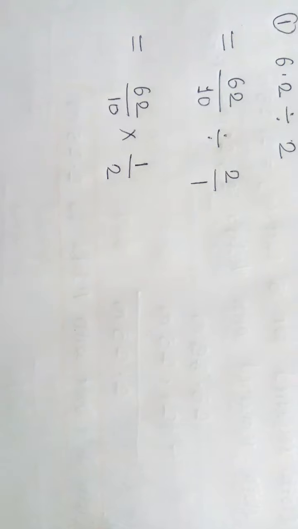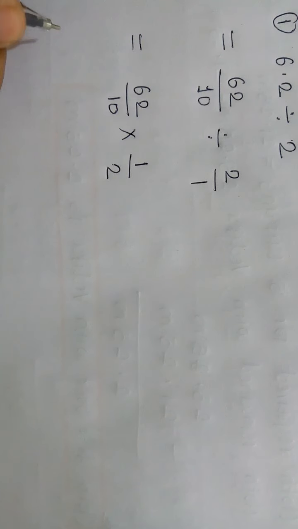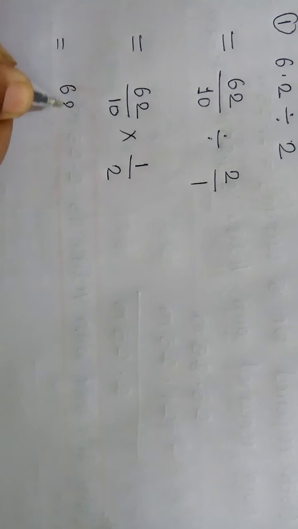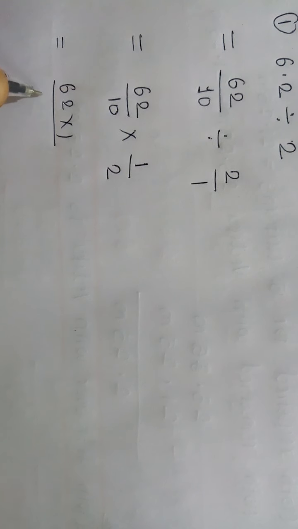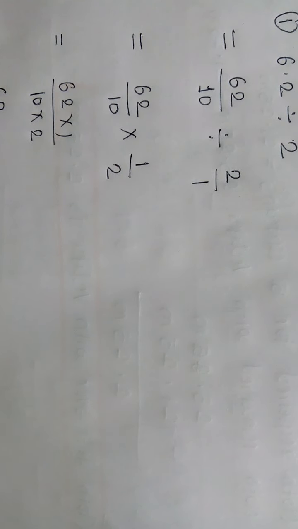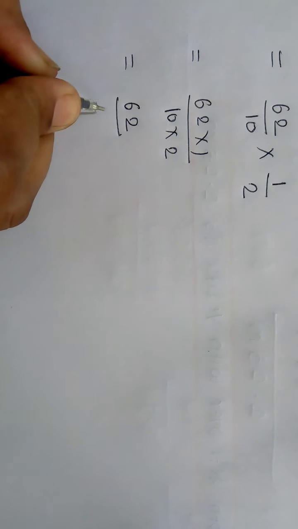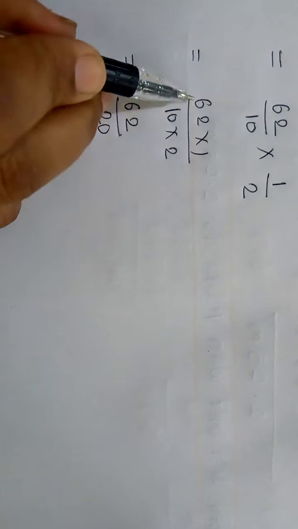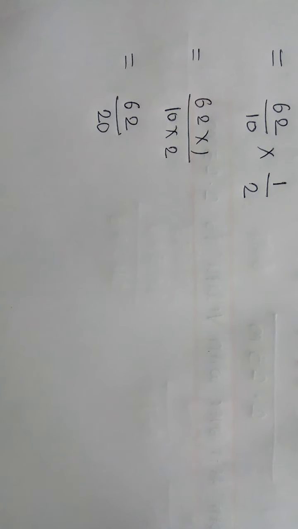Now we can multiply it. So 62 into 1 upon 10 into 2. 10 2s are 20. 62 ones are 62. So our fraction is 62 upon 20.